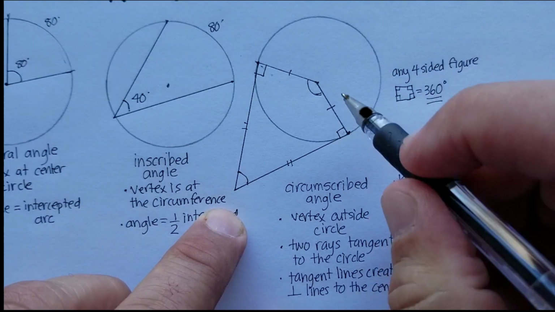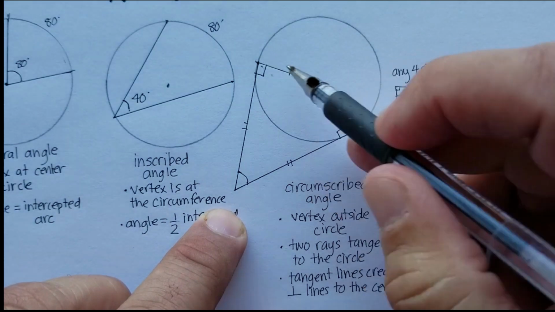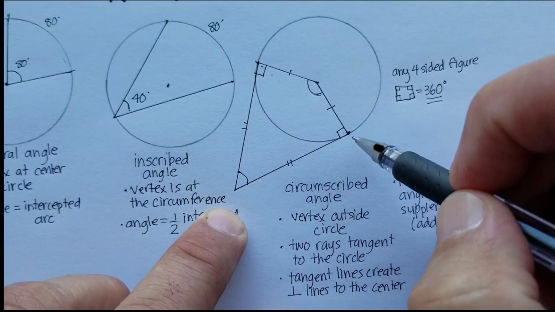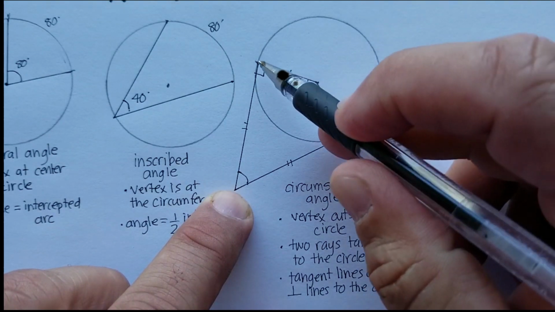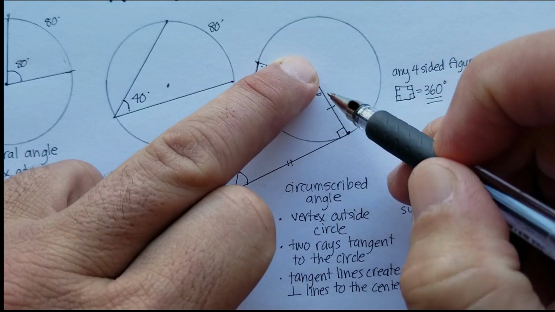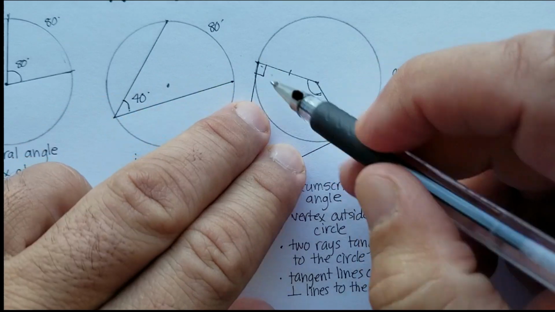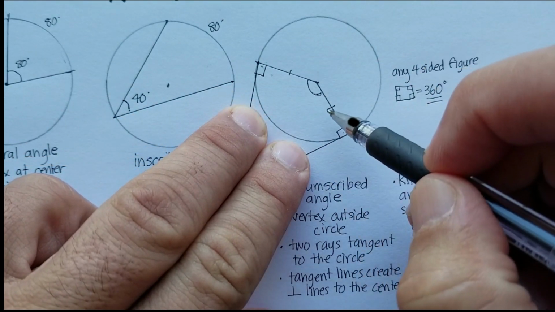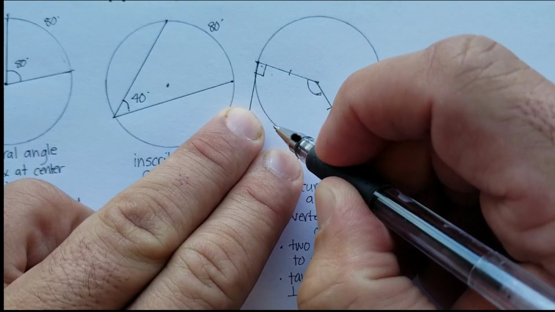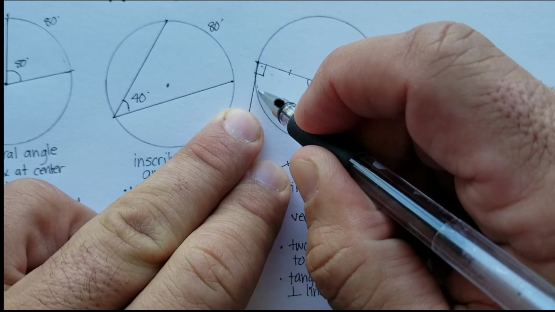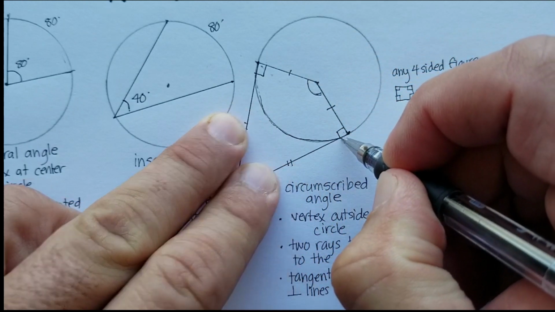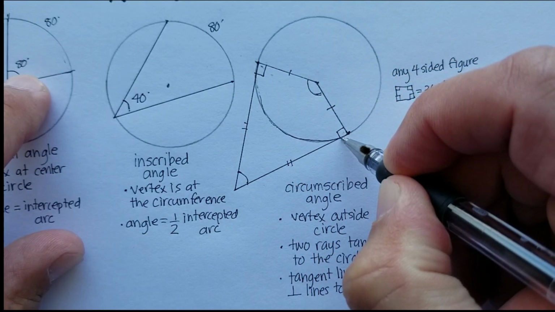That's actually pretty helpful. Because notice that this is also now a central angle, because when you create the perpendicular lines that go to the center, you now have a central angle. So this angle should be equal to this intercepted arc, which is what we learned back here.